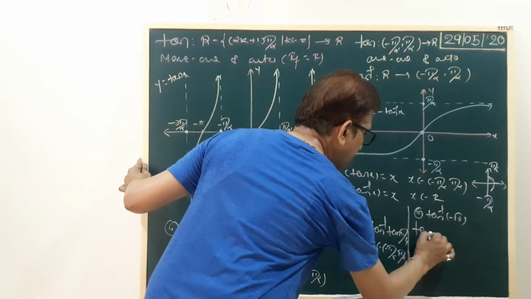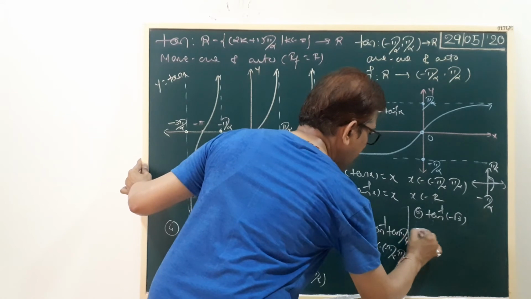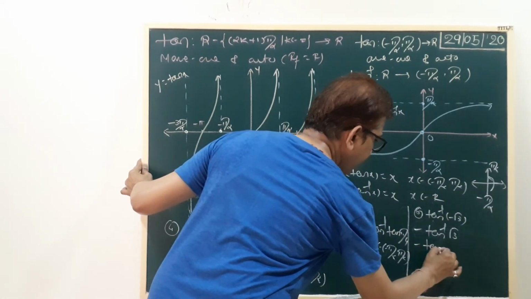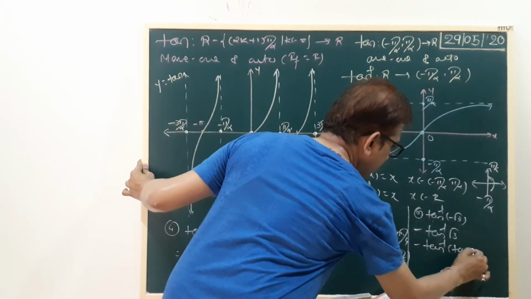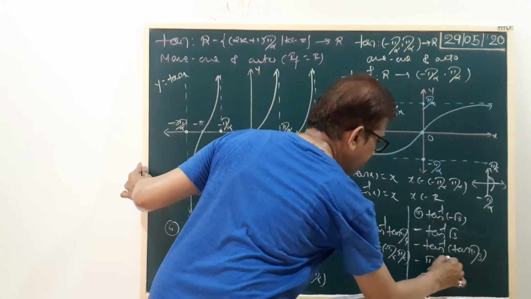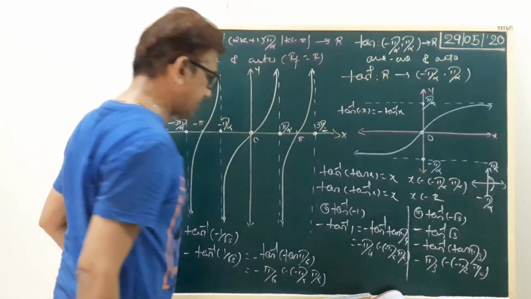Okay. Now tan inverse minus root 3. So the minus sign is common. Minus tan inverse root 3. So minus tan inverse tan pi by 3, 60 degrees. So minus pi by 3 is your answer, which belongs to minus pi by 2 to pi by 2. Is it clear?